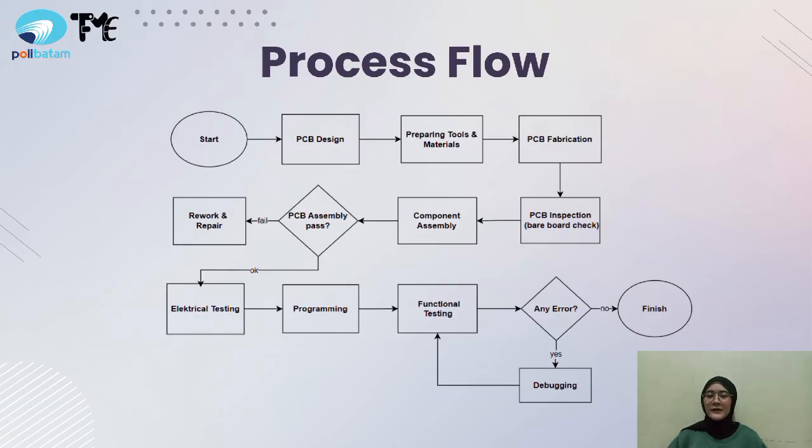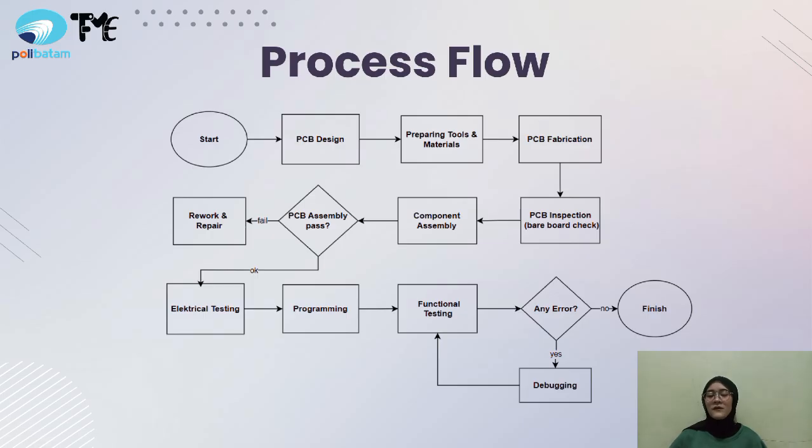After that, we prepare all the required tools and materials for manufacturing. Next is PCB fabrication, where the physical PCB is produced based on our layout design. Then we perform PCB inspection, or bare board checking, to ensure there are no manufacturing defects before assembly.